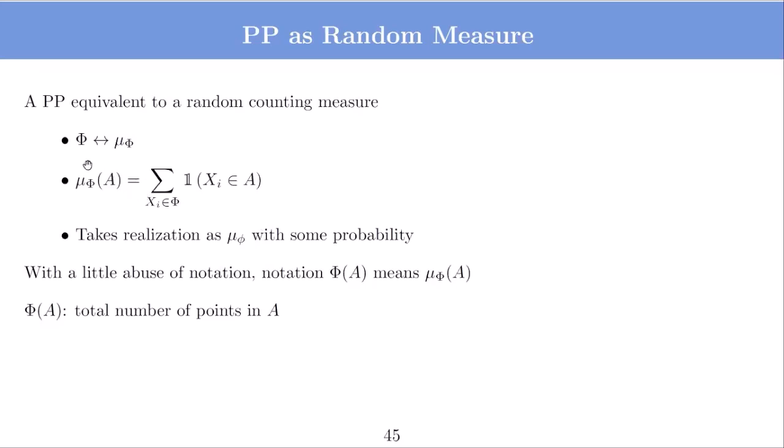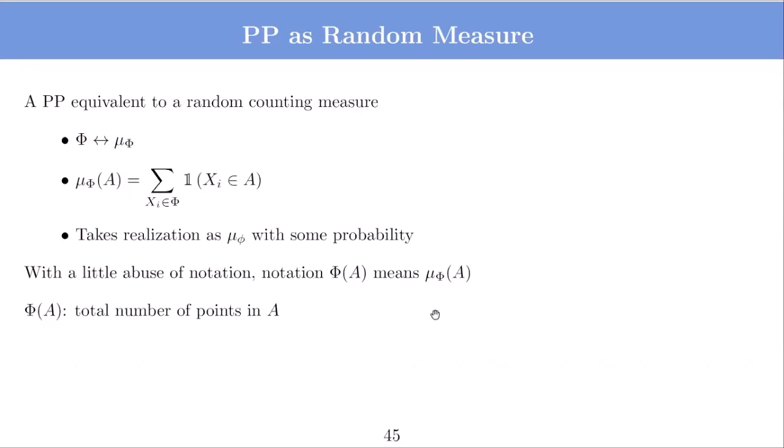So this measure function is also a random measure. And every realization, you get one particular phi, so you get a particular measure, which occurs with some probability. So this is another way to understand that a point process is equivalent to a random counting measure or a random measure.